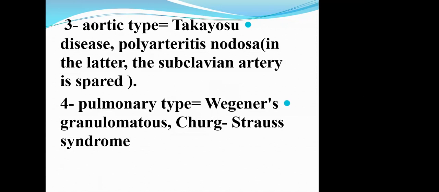So Takayasu disease is the aortic type. And we have the pulmonary type due to involvement of the lungs, which includes two disorders: Wegener granulomatosis and Churg-Strauss syndrome.